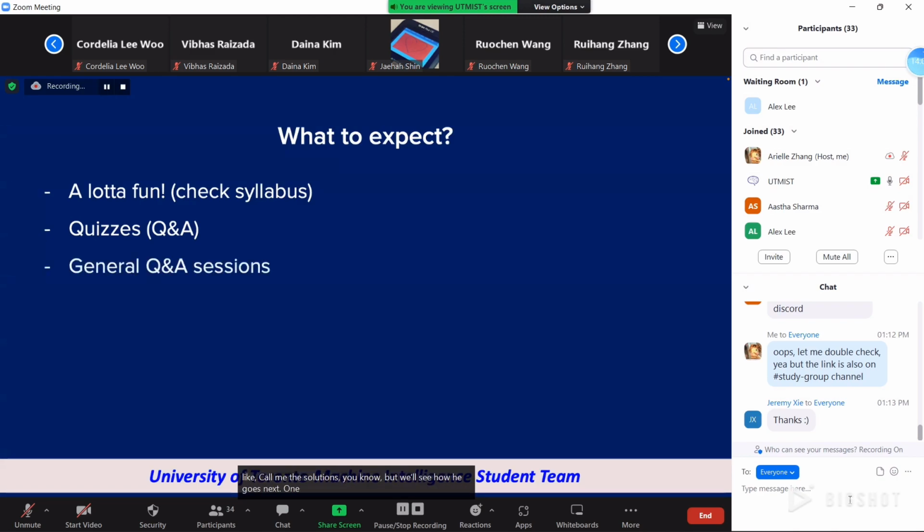Next, we're going to have general Q&A sessions. I hope that you guys don't ask questions on the spot, because if I don't know the answer, that'll be very awkward, but I will try my best. If you have any questions, just ask me. You can ask questions at the end of the sessions. I'll tell you guys, okay, this is the end of the session.